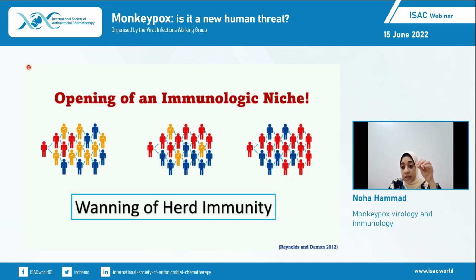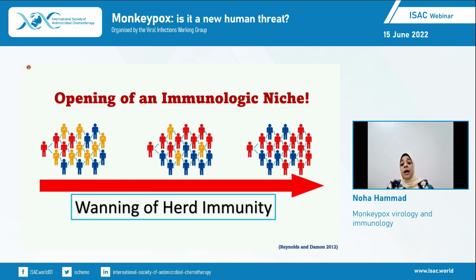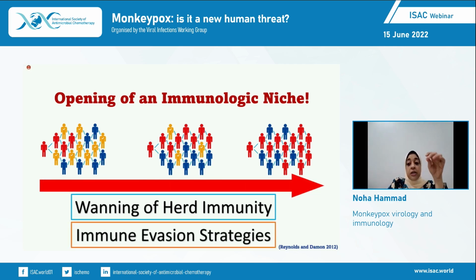Waning of herd immunity through eradication of smallpox and cessation of smallpox vaccination in the 80s of the last century has been singled out as an important contributor to the emergence of monkeypox in endemic areas. In addition, orthopox viruses exhibit multiple immune evasion strategies to challenge the defenses of a naive host.